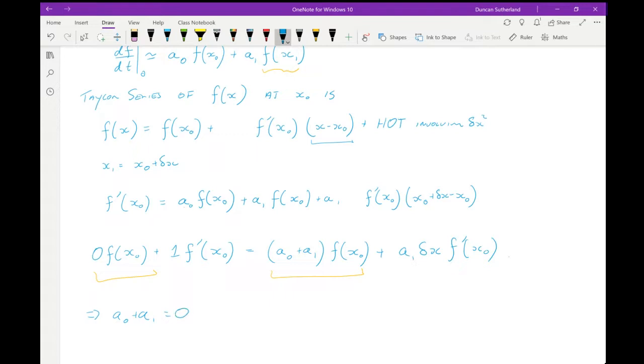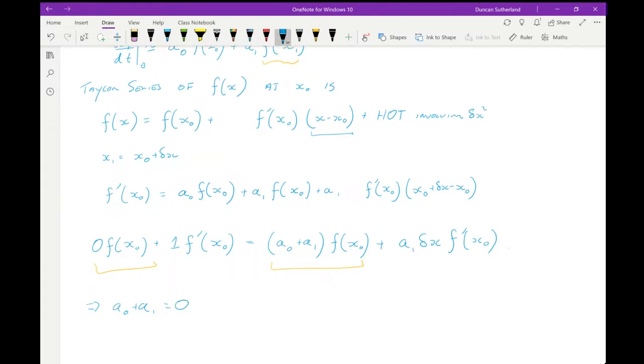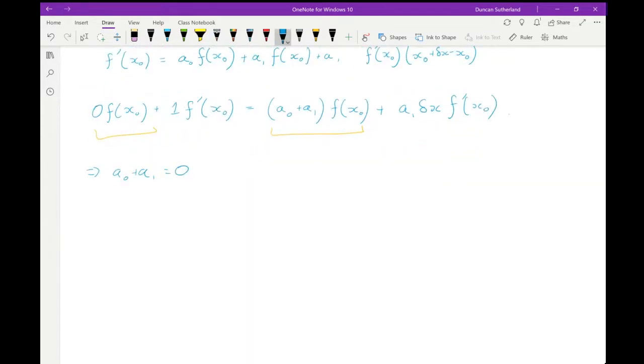That's what this equation tells us. The other equation, the f prime terms, must be individually equal as well. So that tells us that a1 times delta x equals 1. So this is a very simple simultaneous system to solve.